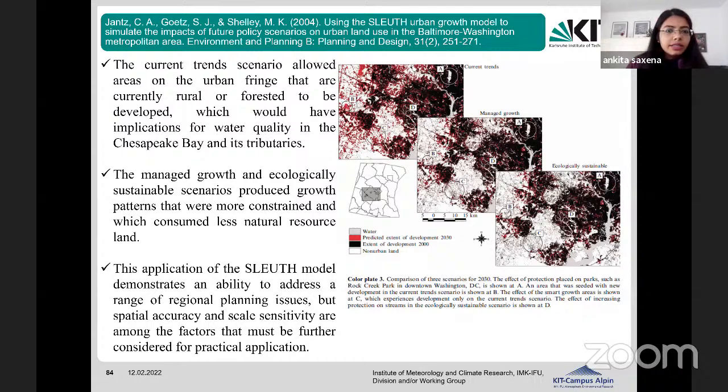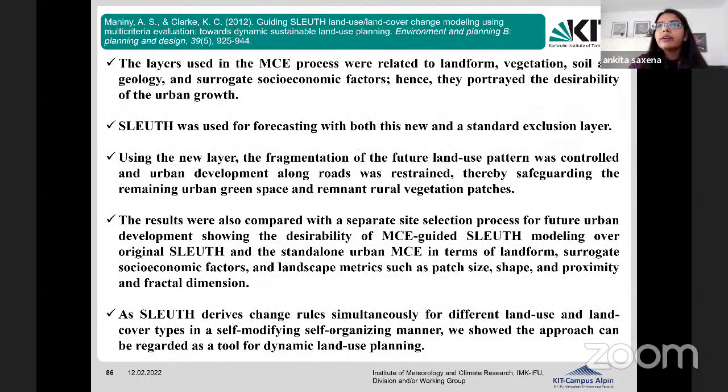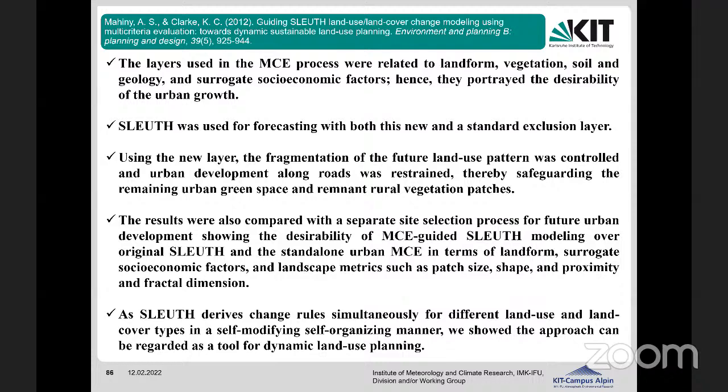And yes, this is again an example of another study from cellular modeling in which they included different variables by giving weights, because all factors may not be of equal importance, but we would like to prioritize our preferences as to which variable we would like to give more weightage.